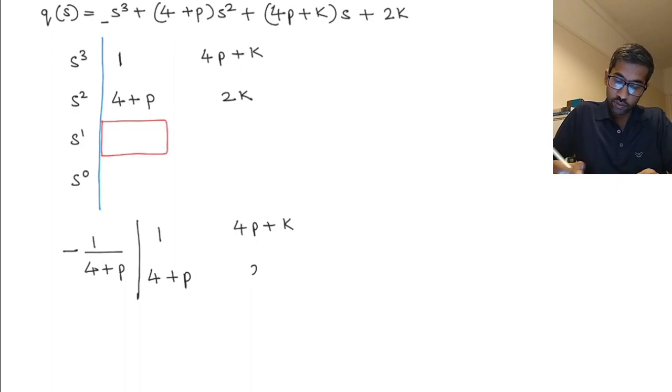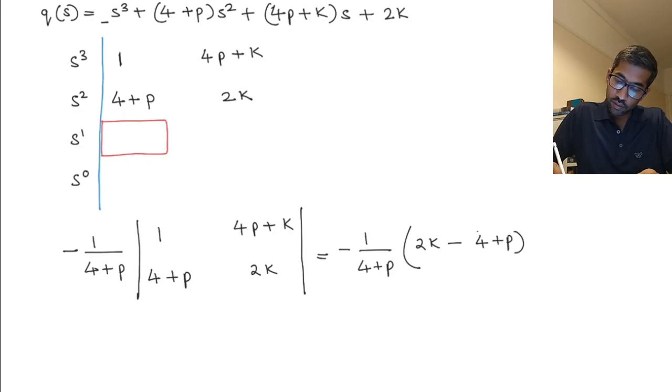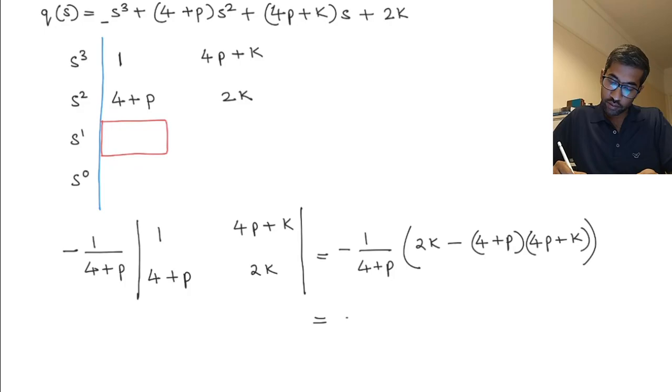This value is minus 1 over (4 plus p) times (2k minus (4 plus p)(4p plus k)), and that you can write as minus 2k over 4 plus p plus 4p plus k.